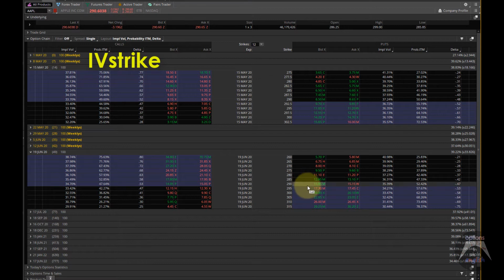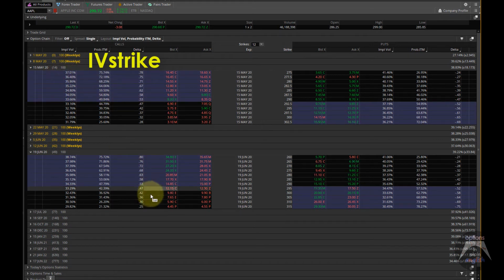This is not a theoretical value or something that happened in the past. This is being calculated in real time. So for IVstrike, every option contract of every type, put or call, every expiration, like these two, May and June, and every strike has different implied volatilities.